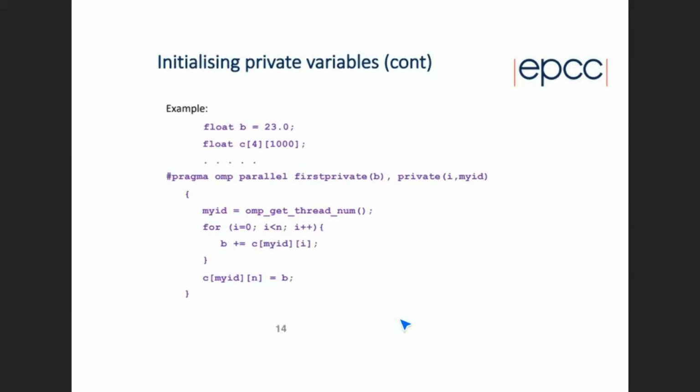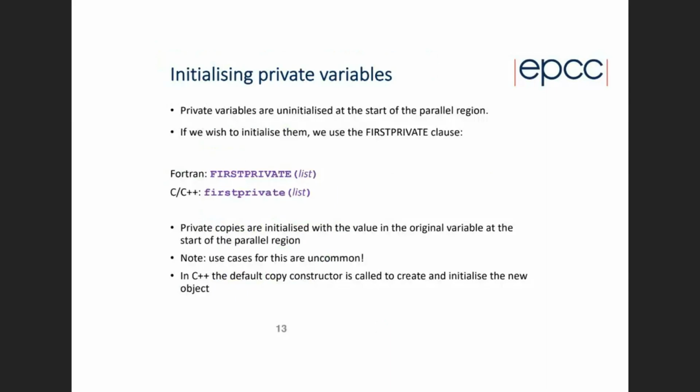Can I just ask quickly on that previous slide, using the firstprivate? Would a use case be if you need to keep track of the state of some variable that is used within the parallel region? I'm not quite sure what you've got in mind there.